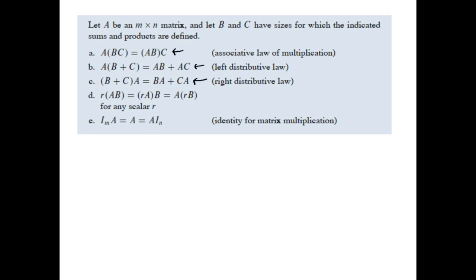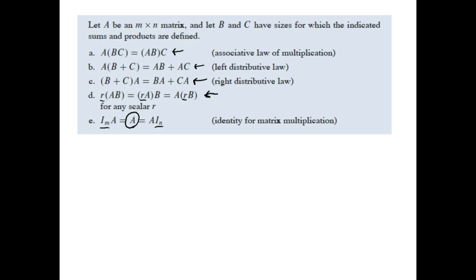We're going to explain in a minute why there are two of them. Here we have the scalar product. Basically, it doesn't matter whether R is multiplying A times B, or R is multiplying A, or R is multiplying B. They're all the same. And this is the identity matrix, basically saying if you multiply the identity times any matrix, you get back the original matrix A again.